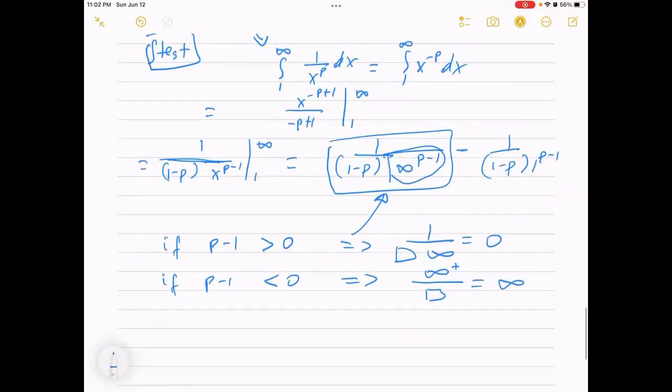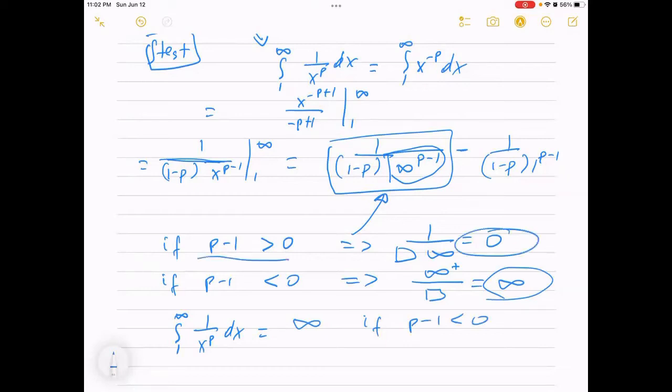So our conclusion is that the integral from 1 to infinity of 1 over x to the p dx is going to be equal to infinity if p minus 1 is less than 0, and you're going to get 0 here when p minus 1 is bigger than 0, so it's going to be convergent if p minus 1 is bigger than 0.